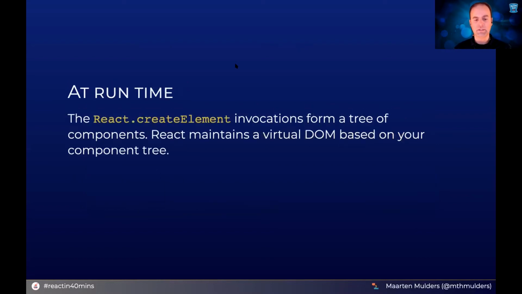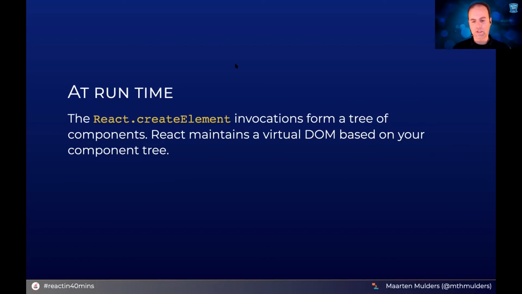Second piece of magic is runtime magic or behavior. That sounds a bit less obscure, right? So at runtime, we have a code base with a lot of React.createElement invocations written all over the place. That is going to be run by the JavaScript runtime environment, and React.createElement returns an object.